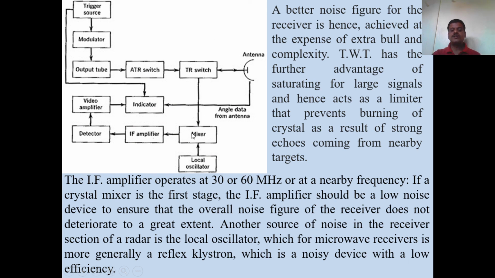Now, this mixer produces the intermediate frequency, and that output of the mixer is provided to this IF amplifier, and the frequency produced by this mixer is nearly 30 to 60 megahertz, and therefore this IF amplifier operates at that frequency, that is 30 or 60 megahertz.